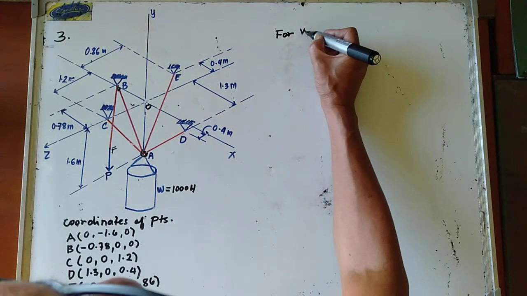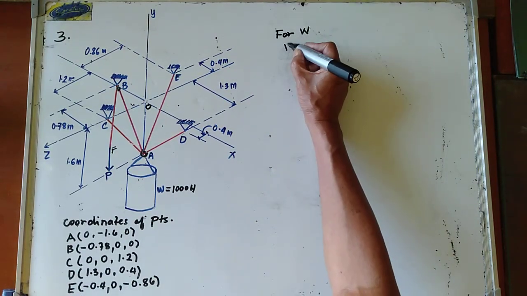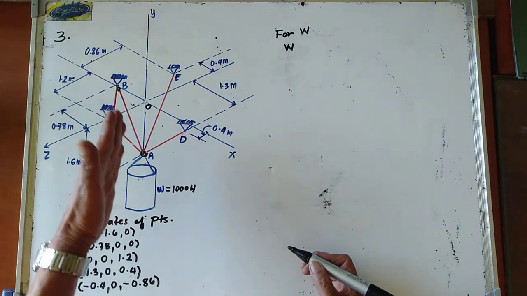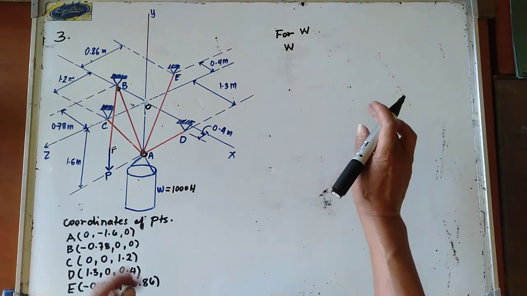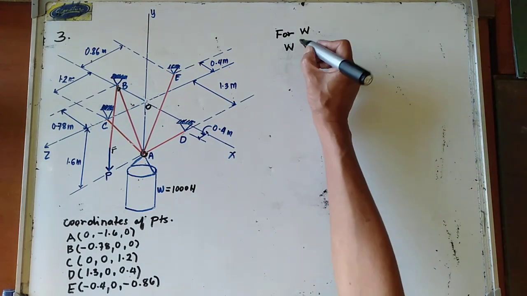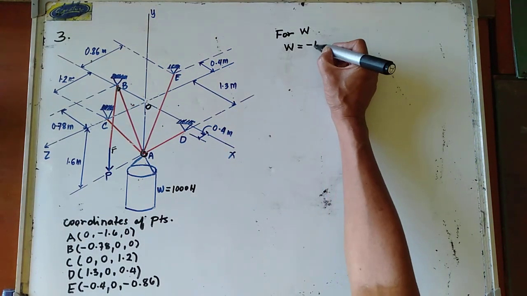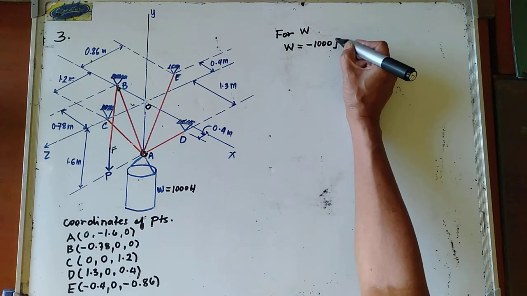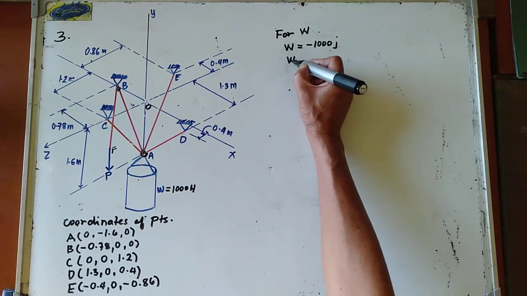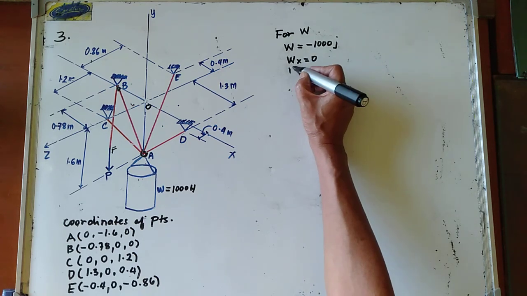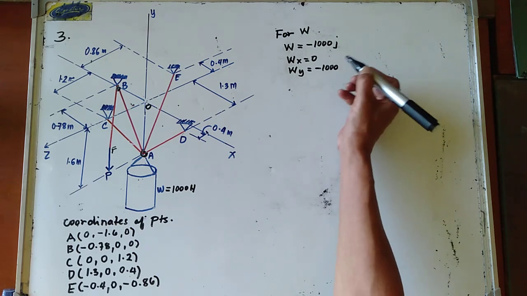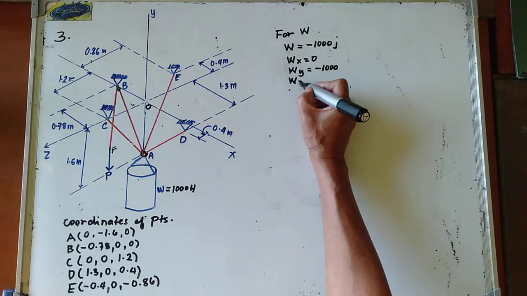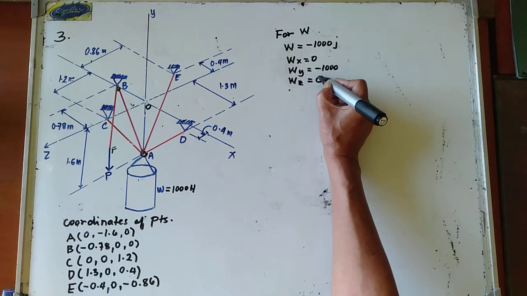In Cartesian vector form, your W is directed along the y-axis, and this is going down, so it is negative 1,000 j. In this case, Wx is equal to 0, Wy is equal to negative 1,000 newtons, and Wz is equal to 0.